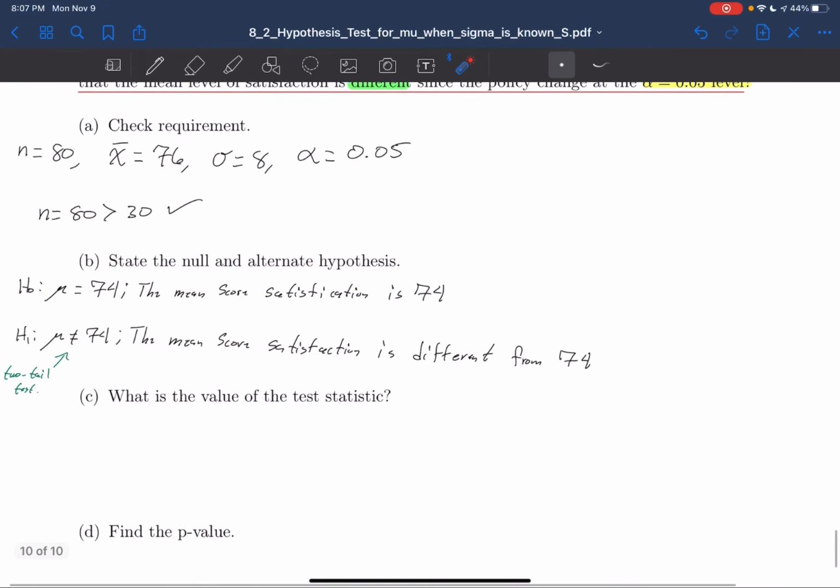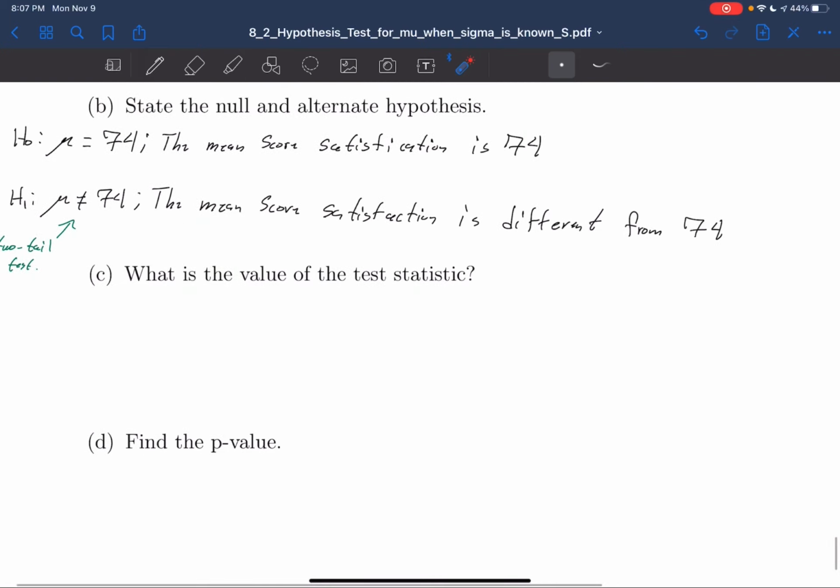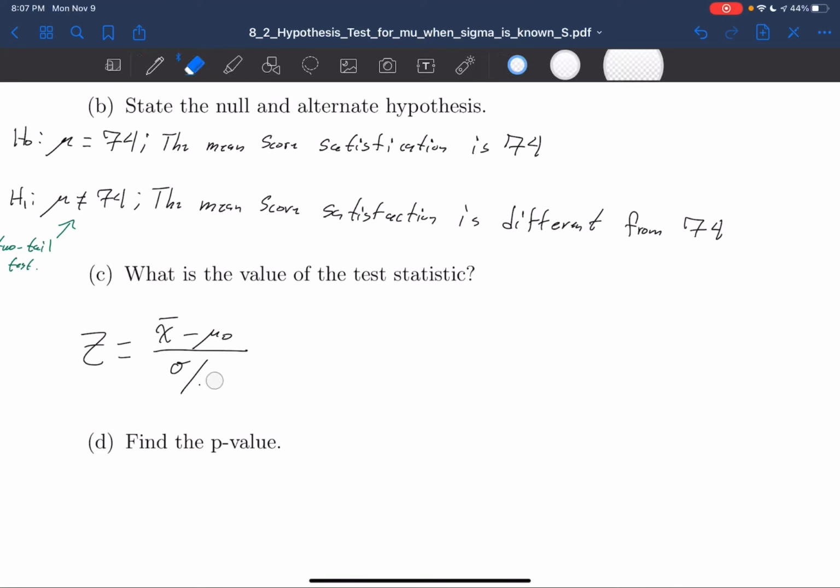That's all that's stating. So now that we have the null and alternative hypothesis, we could compute the value of our test statistic, our z. So here z is going to be equal to x bar minus mu naught divided by sigma over square root of n. Since we know all these values, we could just plug them in.